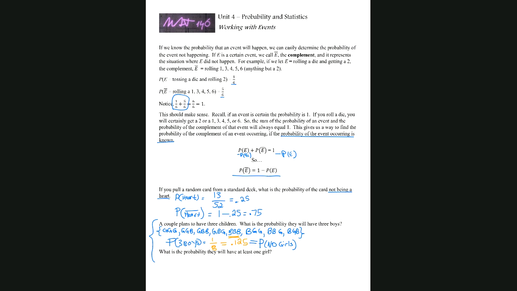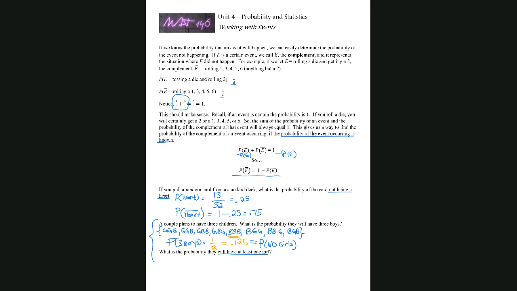All right, so we want to find in our second question the probability that they will have at least one girl. So no girls and at least one girl, they're opposites, right? They're complements. Having no girls is the complement to having at least one girl.